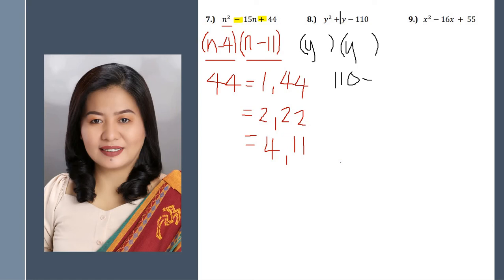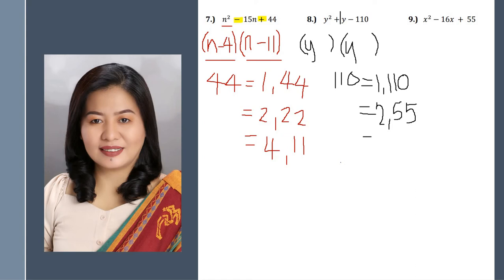So we cannot have 1 and 110. Let's try, I'll just write it down. 1 and 110 will not give a difference of 1. So we will have 2 and 55. If we subtract 2 and 55, will it give a difference of 1?